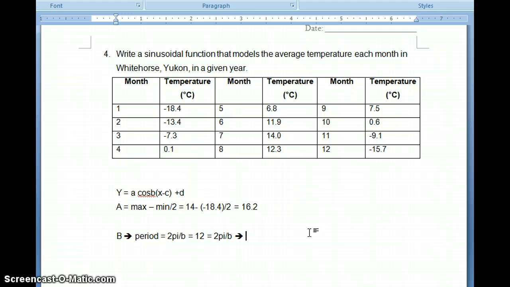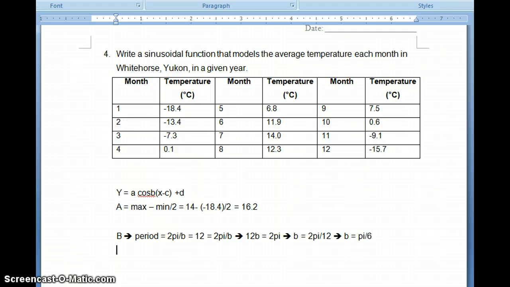If you want to see the steps, we'd have 12b is equal to 2 pi. From there we divide by 12, so b is equal to 2 pi divided by 12, and finally b is equal to pi over 6 once we reduce that fraction.